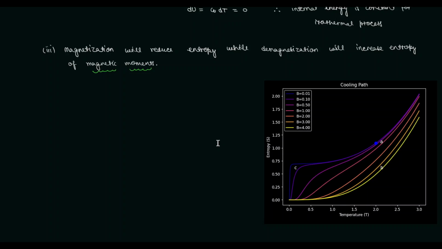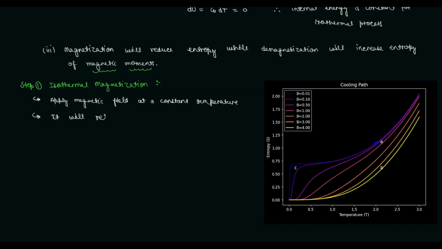The principle of magnetically cooling a sample follows two major steps. The first step is isothermal magnetization, where we apply a magnetic field at a constant temperature. Now, a few minutes back, we have seen that it will reduce the entropy, so that an application of magnetic field from B is equal to 0 to B is equal to 4 Tesla will reduce the entropy at a constant temperature.